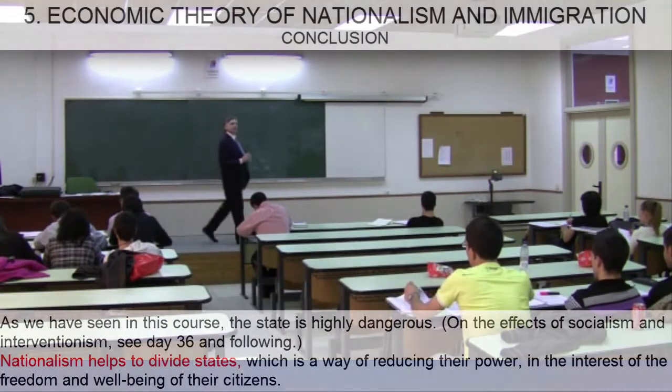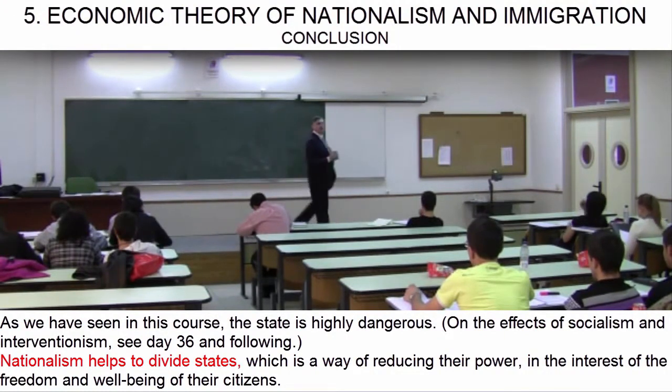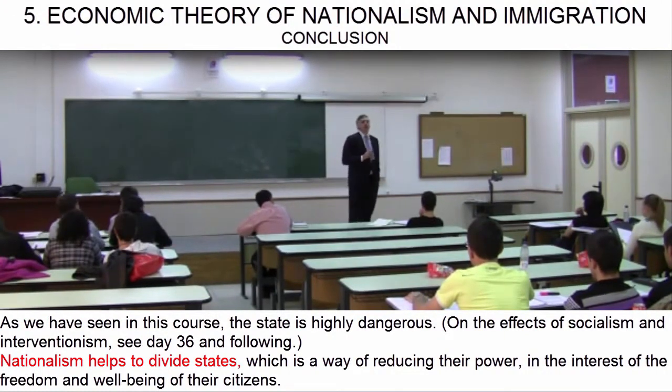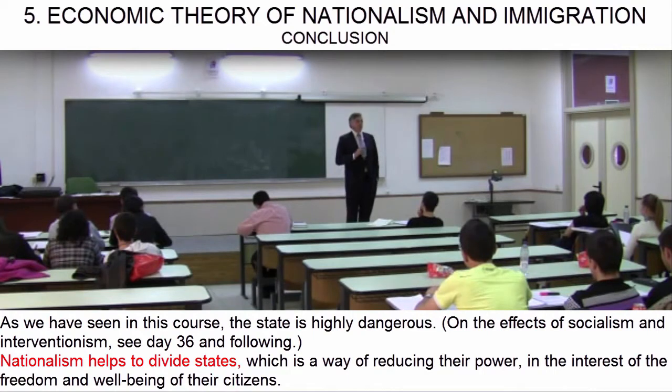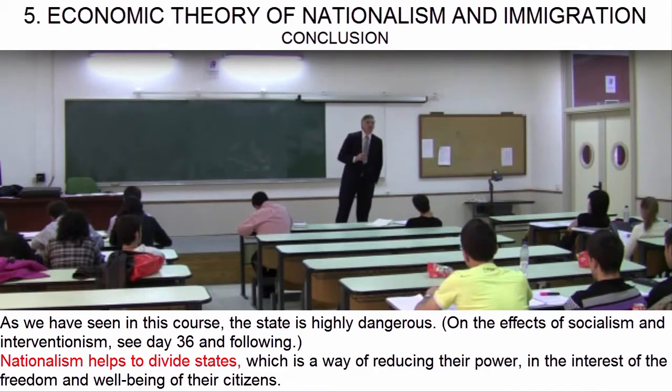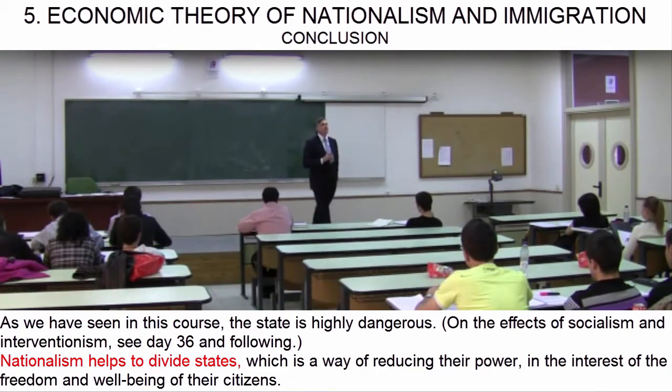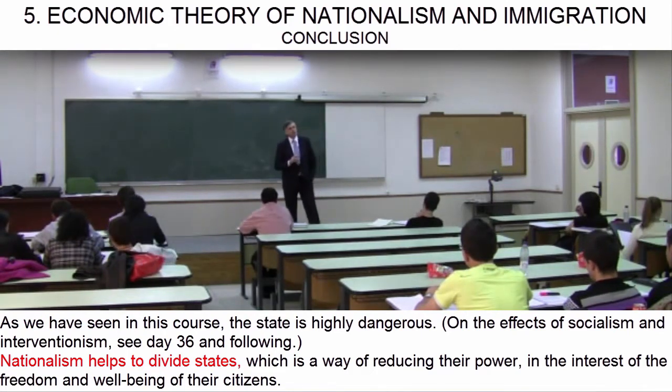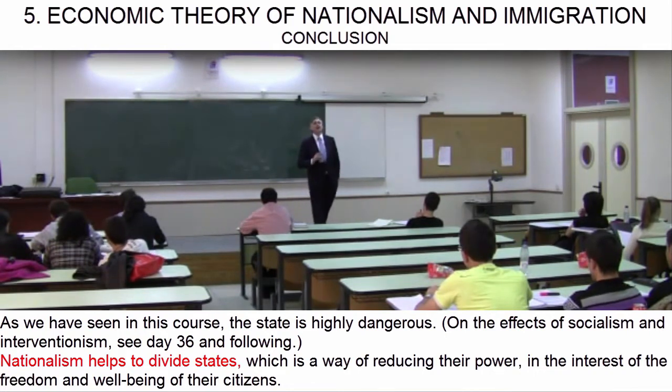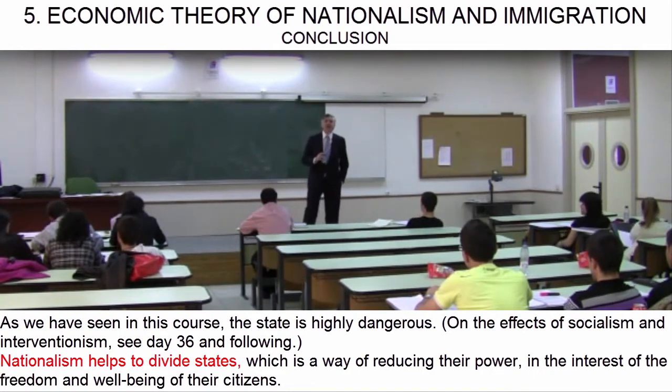So I want you to know that I am a nationalist. I am in favor of breaking the state down into small units, and one potential way of doing that is through nationalism. It is possible to conceive of a Europe made up of 200 or 300 small states, and 200 or 300 free cities. Do not be shocked. Germany was like that before it was unified.